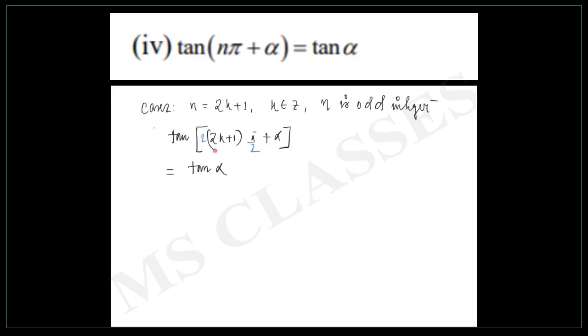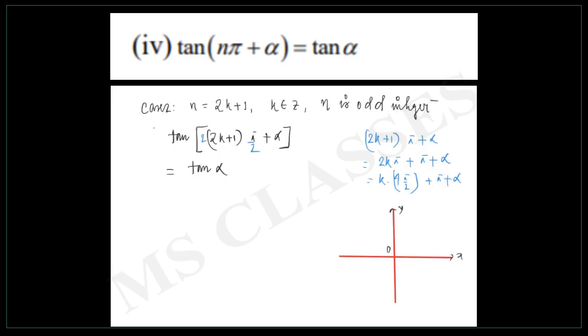We just have to see in which quadrant this lies. It is 2k plus 1 pi plus alpha. In a simple way, you can think of it as 2k pi plus pi plus alpha, which is actually k into 4 pi by 2 plus pi plus alpha. Now, where will it lie? This is y, this is x, this is the origin, this is x prime, this is y prime.